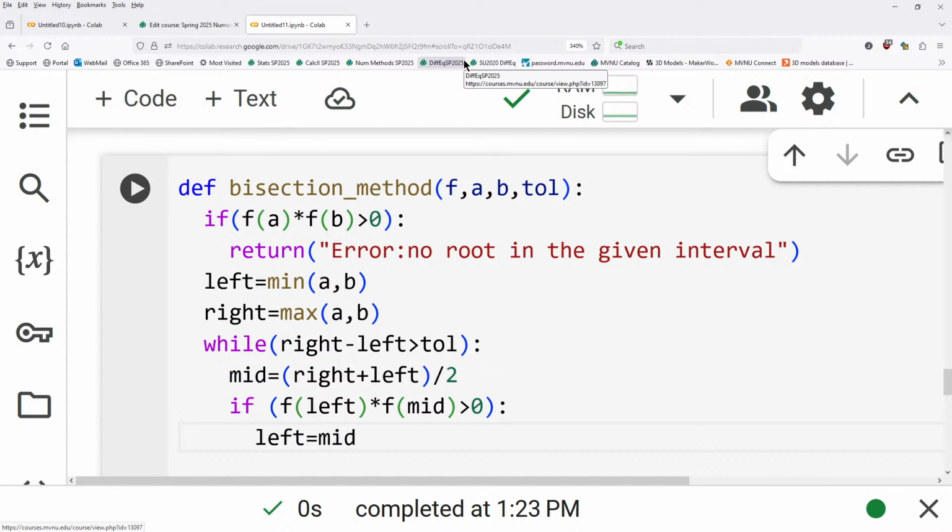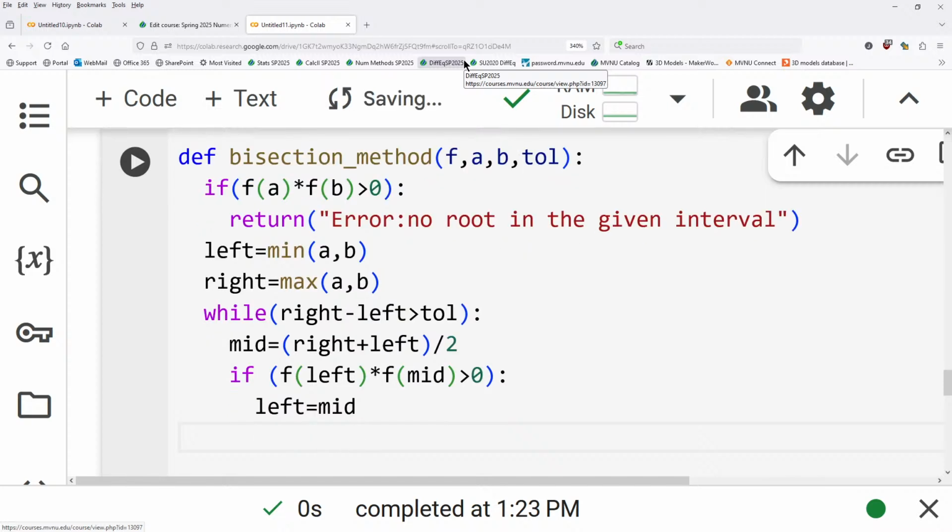So in other words, you've got these two on different sides of the x-axis, and then you find the middle, and if the middle is on the same side as the one on the left, then you're like, okay, this is my new left side. And if the middle is the same side as the right, then that's the new right side of my interval. So if they're on the same side, then we make the left now the middle.